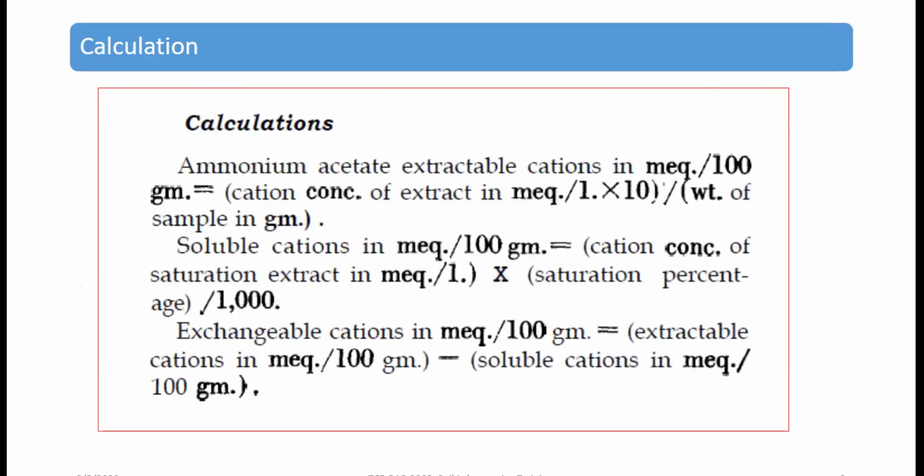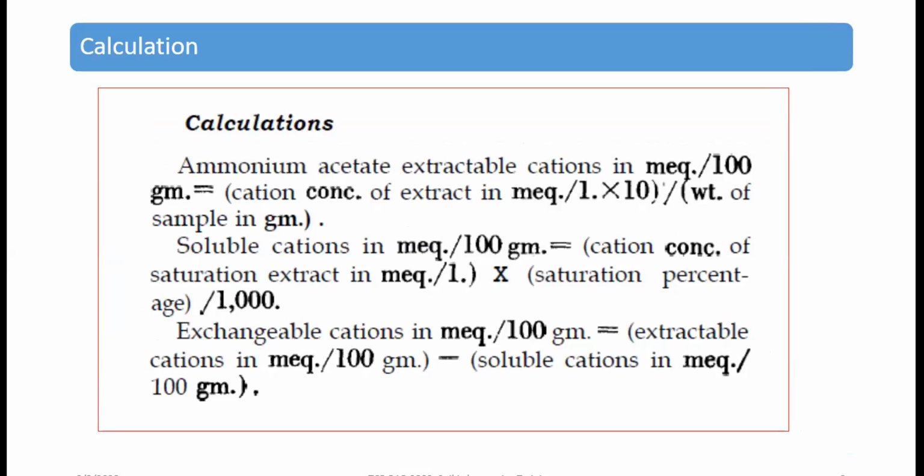Now the calculation here, there is something very important. To get the exchangeable cation, you also have to determine the soluble cation from the previous lectures. You get the soluble cation in milliequivalent per liter.